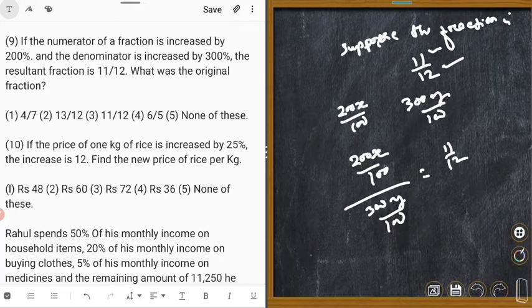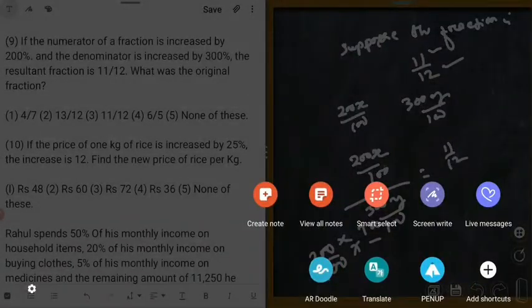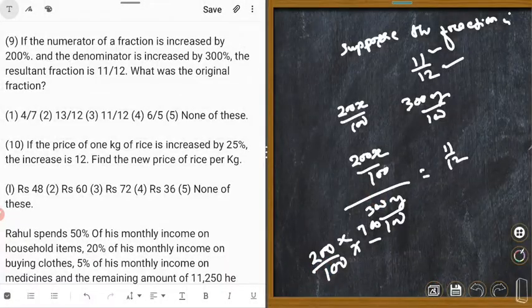So 200x upon 100 into 100 upon 300y. Could you understand?